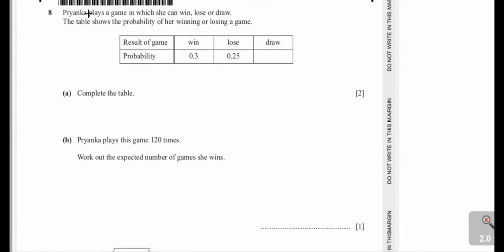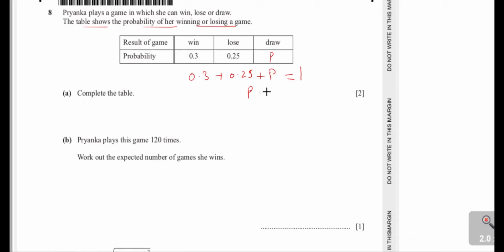Question 8. Priyanka plays a game in which she can win, lose, or draw. The table shows the probability of her winning or losing a game. Complete the table. Look here, the probabilities are 0.3 and 0.25, and the probability of a draw is not given, so we write P, and the sum of all these probabilities equals 1 according to the rule of probability.